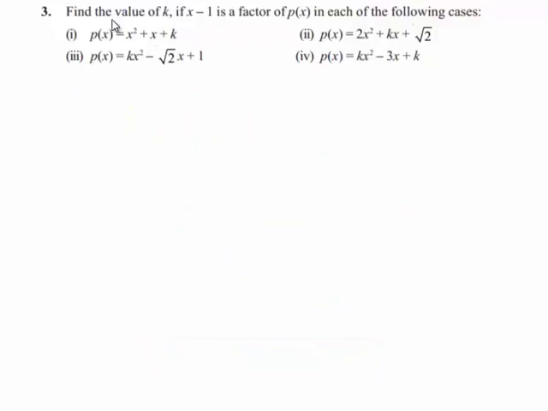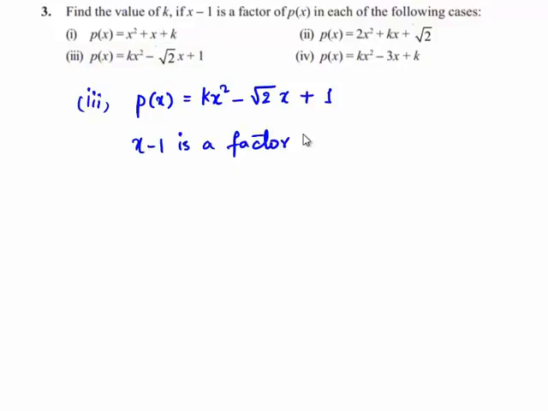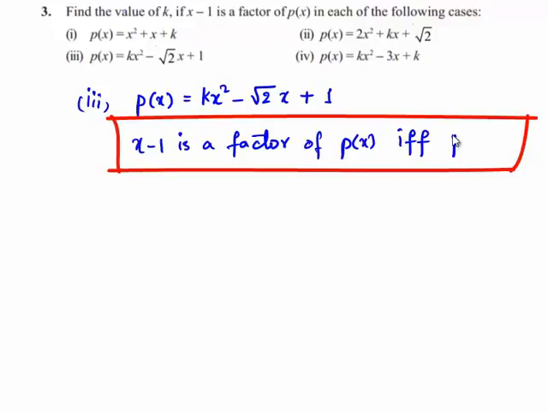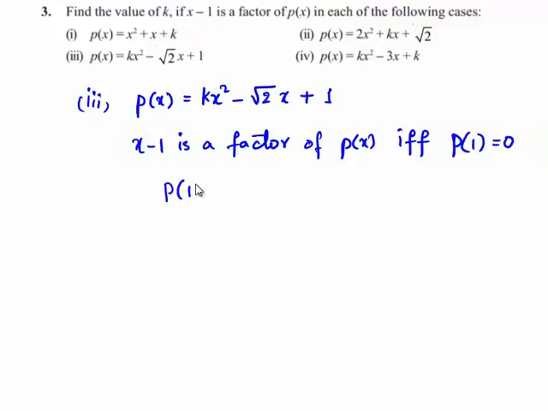Coming to the third problem, which is p of x is equal to k times x square minus root 2 times x plus 1. So by factor theorem, x minus 1 is a factor of p of x if and only if p of 1 is equal to 0. Therefore, let us first find p of 1 and equate it to 0. P of 1 is found by substituting the value of 1 in place of x in the given polynomial.